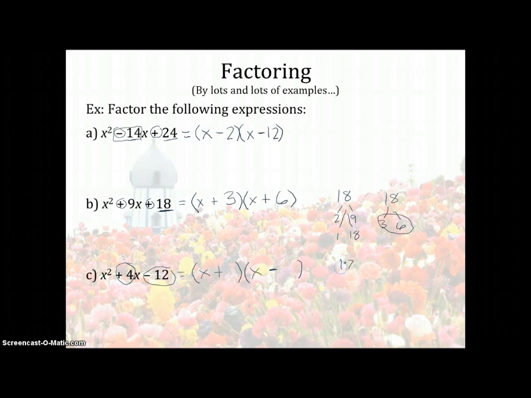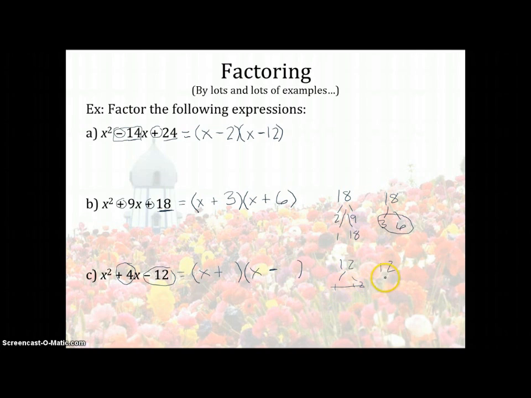So I can do my factor tree for 12 again, and I can say, hey, this has 1 and 12, which if we multiply gets us 12, but if we add them, that's going to get us either negative 12 plus 1, which is only negative 11, or if we have negative 1 plus 12, that's going to get us positive 11.